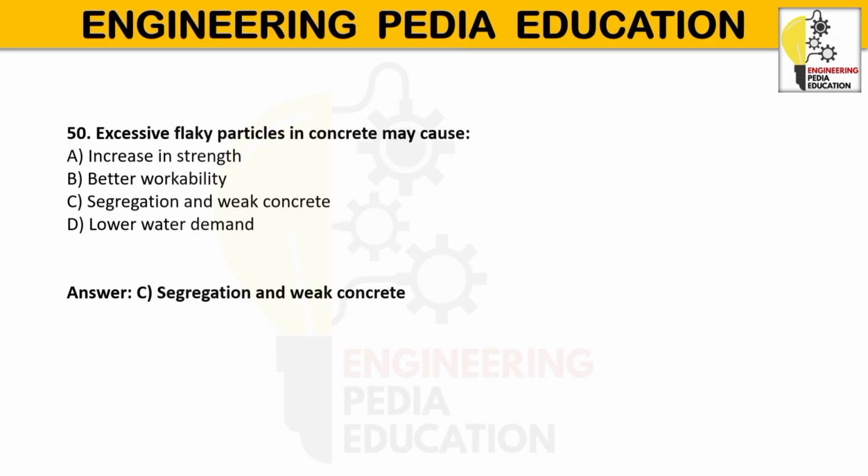Lower strength of concrete due to weak particle structure, poor workability, difficult to mix and place, increased voids, more cement and water required, poor interlocking between particles, higher chance of segregation and bleeding, reduced durability and stability of pavement, and easy breakage under load.